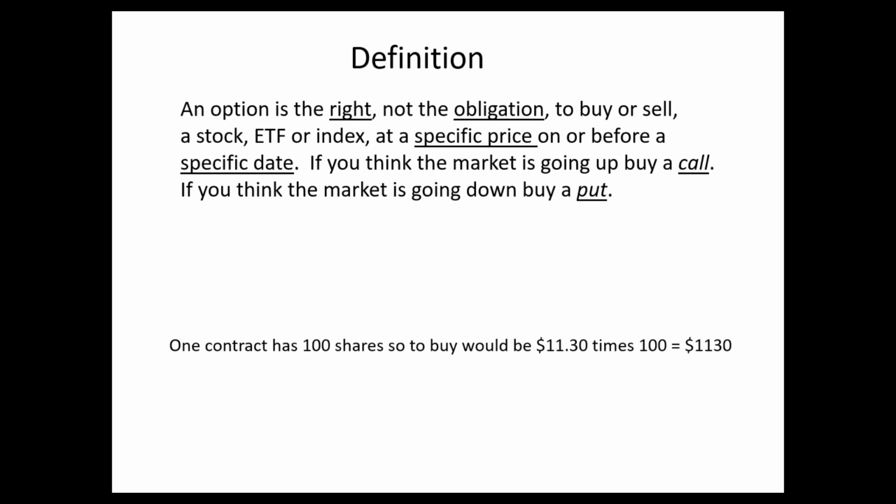If you think the market is going to go down, you want to buy a put. One option contract has 100 shares. So if you buy one for $11.30, you have to take that times 100. So that option contract would cost you $1,130.